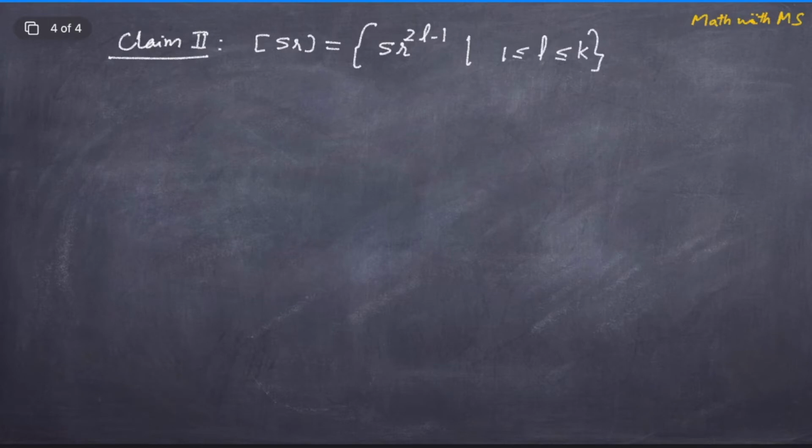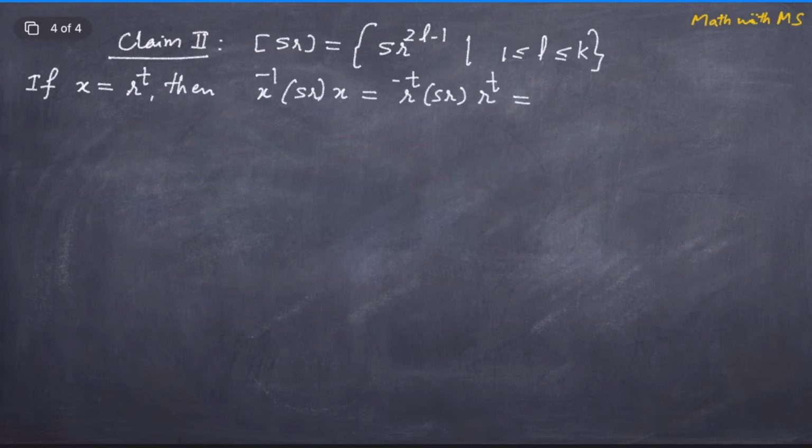Let us take a conjugate of sr. So if x is just of the form r^t, then what is x inverse sr x? We can write it as r^(-t) s r^(t+1).